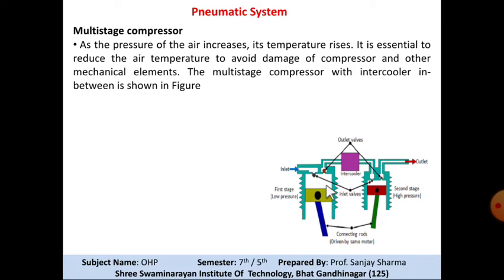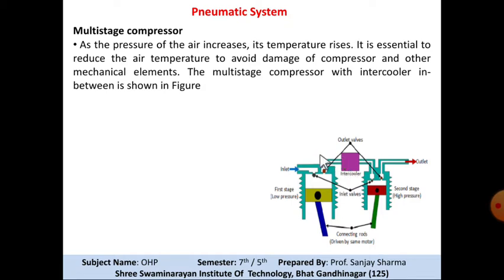Now how does it work? As the piston moves from top dead center to bottom dead center in this first stage, the air is sucked, and when it moves from bottom dead center to top dead center, the air is delivered. When air is delivered, the temperature of the delivered air in stage 1 is somewhat higher as compared to the suction.